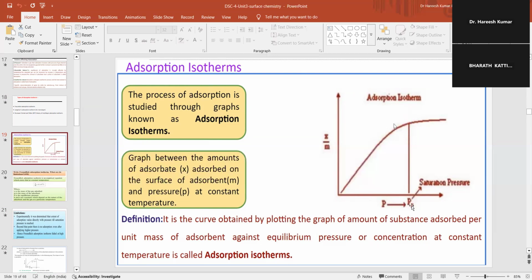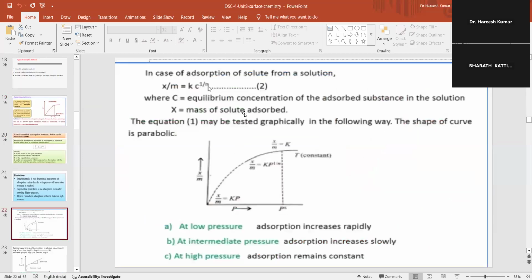That's called Ps. The previous one is for the gaseous case. If we are taking a solute, then we can express it in terms of concentration: x upon m is equal to k into c to the power of 1 upon n. This is equation 2. What is equation 1?